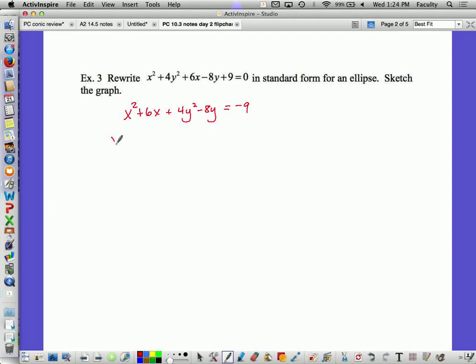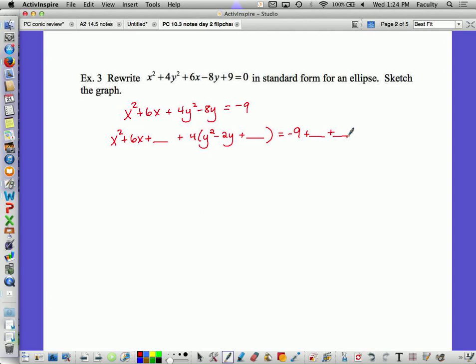In order to complete the square, let me remind you from Algebra 2 that the coefficient in front of x squared or y squared must be 1. So I can't complete the square with 4y squared. I have to factor out the 4.